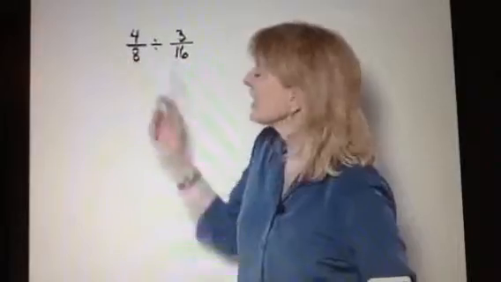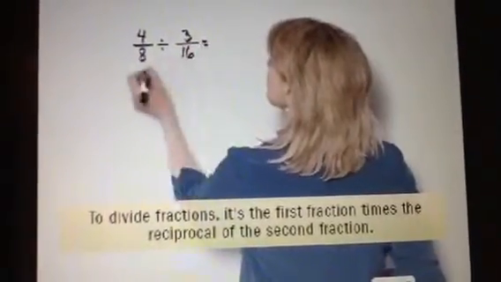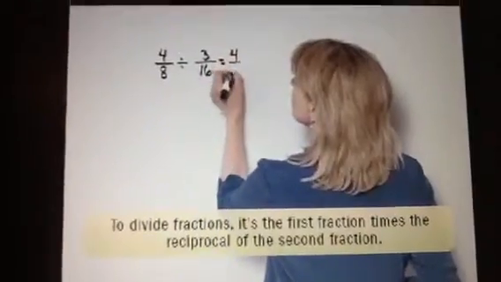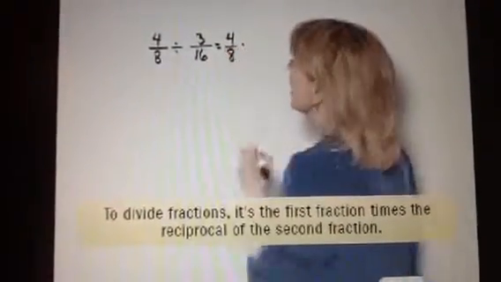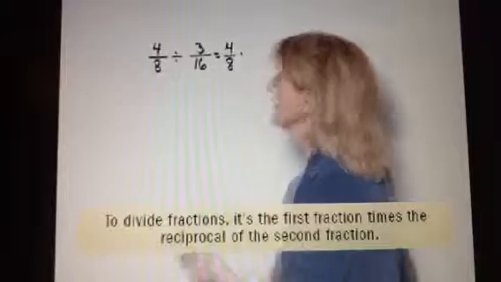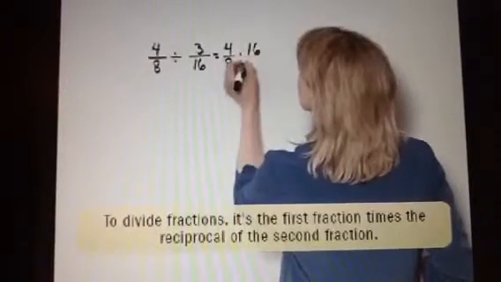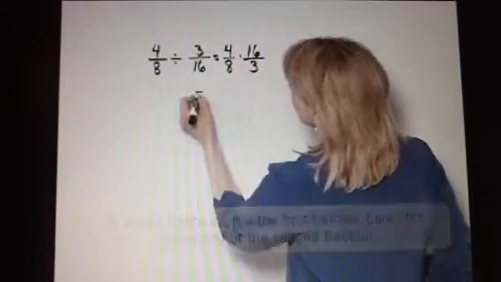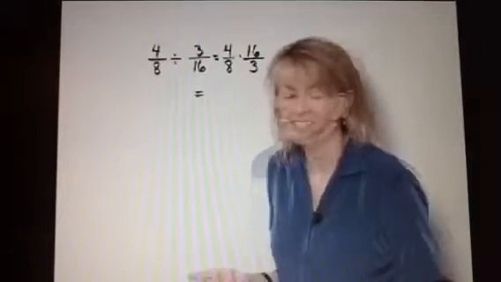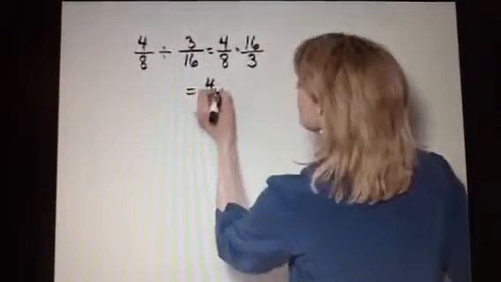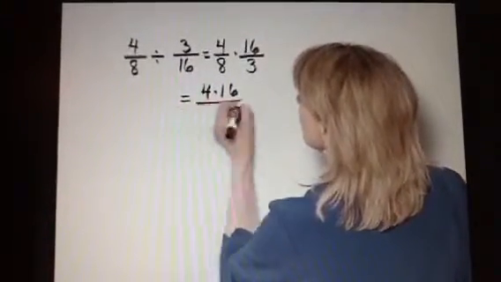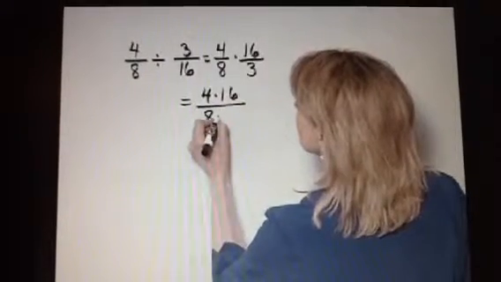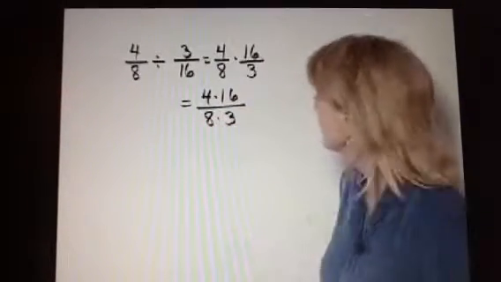So I'd like to divide these two fractions. Remember, to divide, it's the first fraction, 4 over 8, times the reciprocal of the second fraction, 16 over 3. And now, how do we multiply fractions? It is numerator times numerator over denominator times denominator.